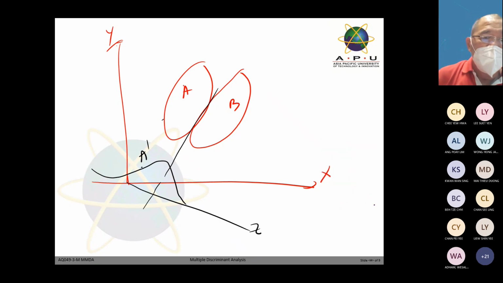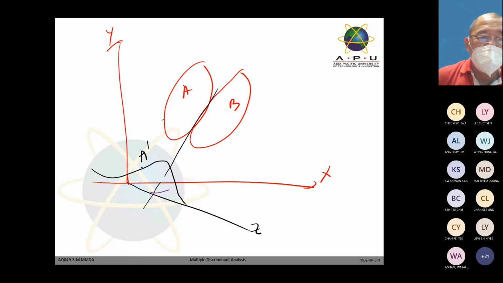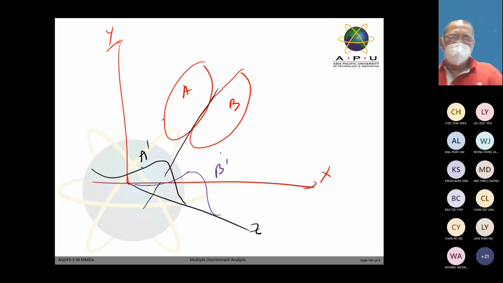So the B prime will be something like that. Now we see A and B, like this.